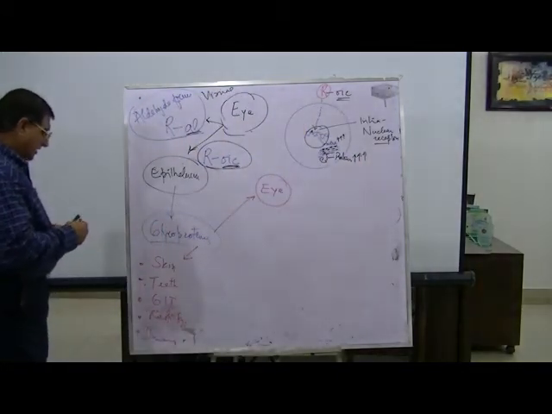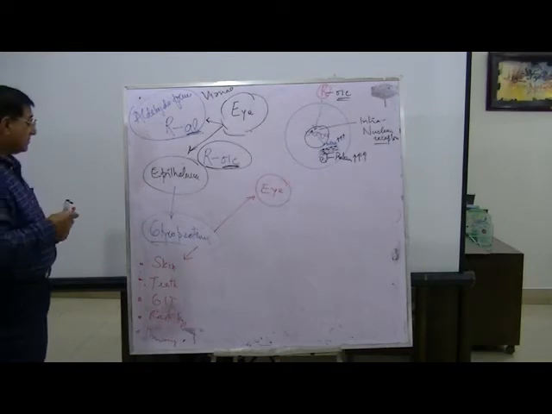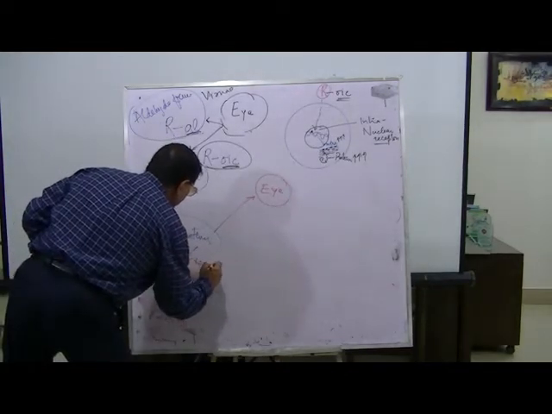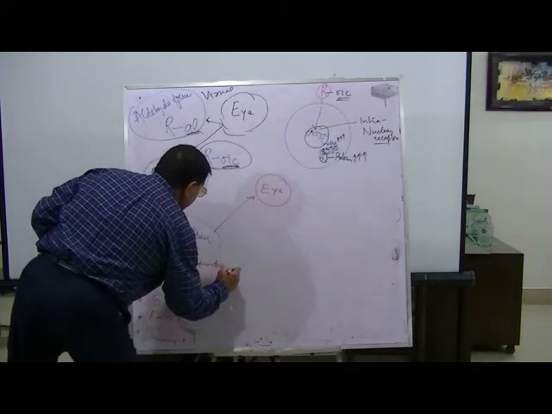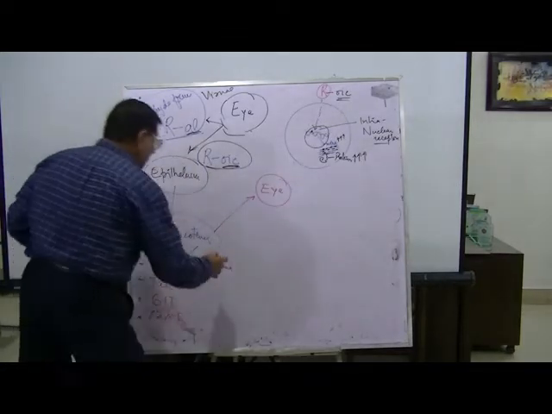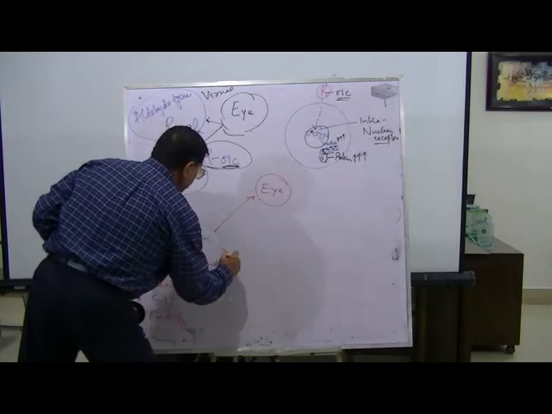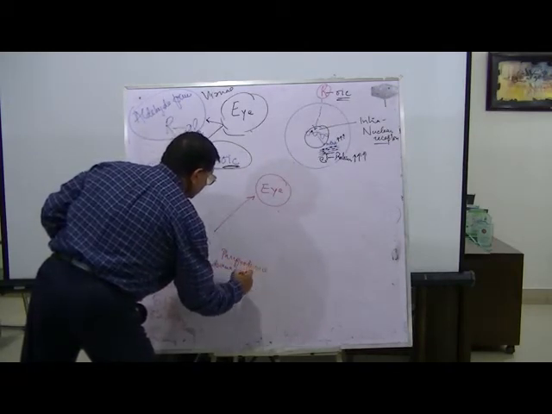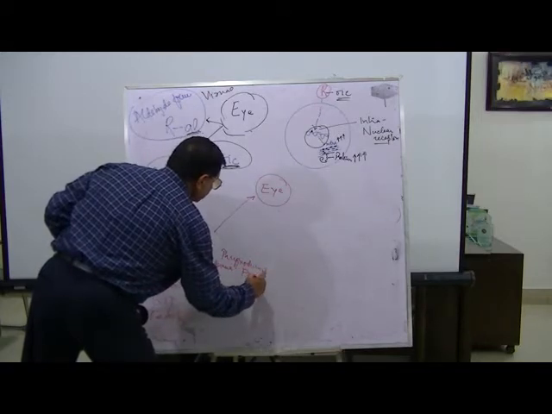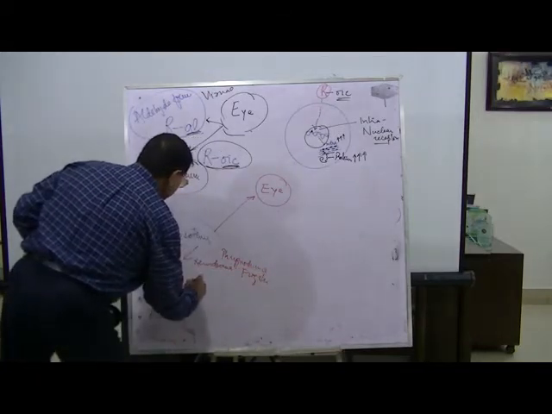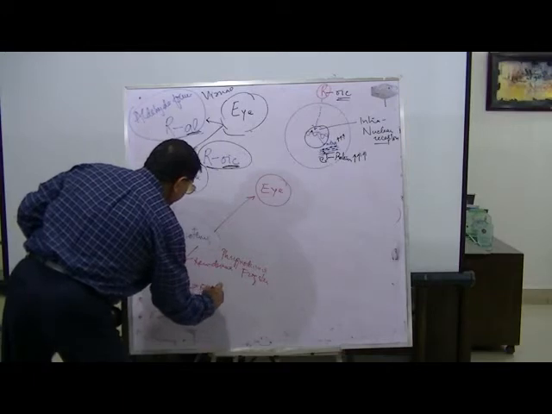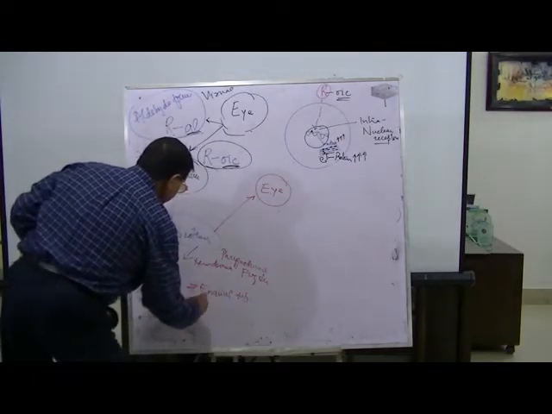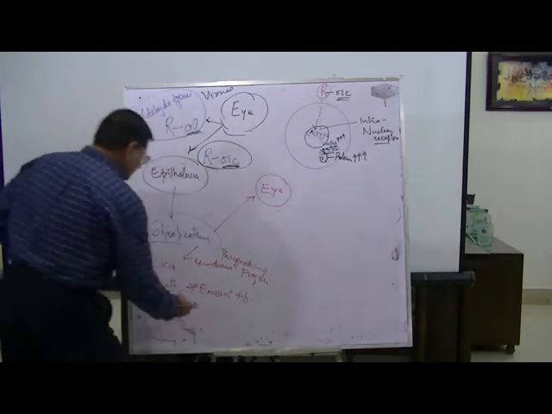So, if there is a deficiency, in the skin there will be xerodermia, that is dryness of the skin, or you can call it phrynoderma, frog skin. Teeth are also defective. In the GIT, similarly, you've got problems.